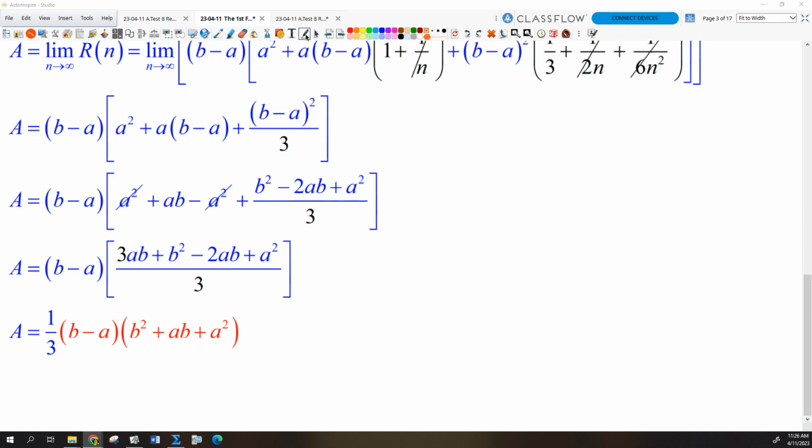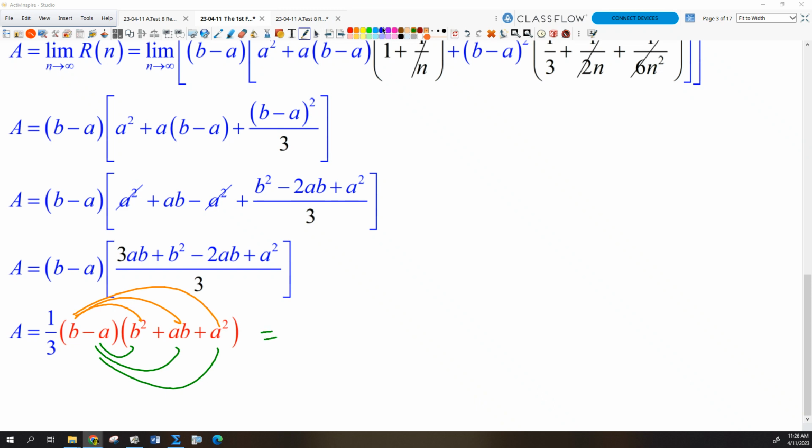Look, all I've got to do here is just distribute. If I distribute the b and I distribute the negative a, what am I going to get out of that?